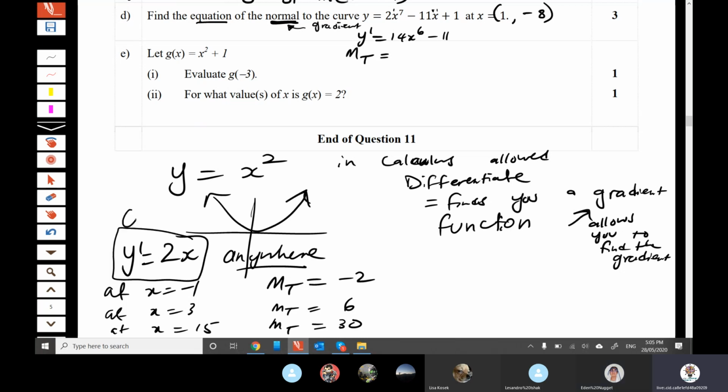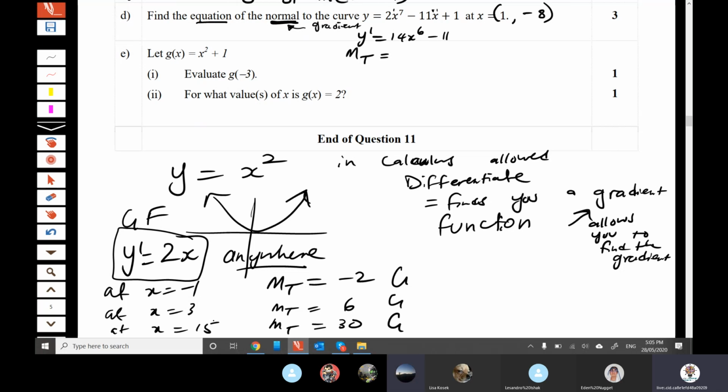That's called the gradient function. These ones here are called your what? Gradients. So the only way you can find your gradients is by first finding your gradient function and then specifically subbing it in at the point you want.